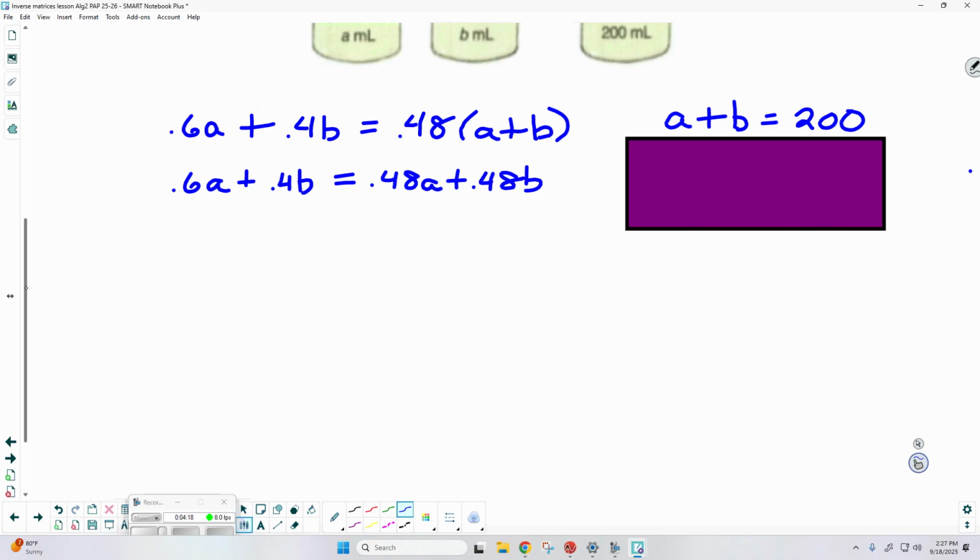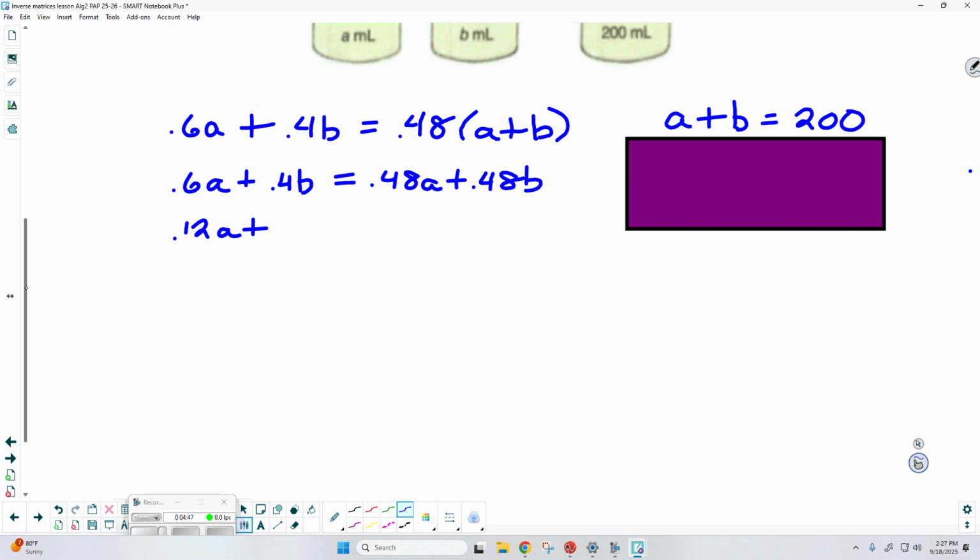So what's 0.6 minus 0.48? Well, it's not going to be negative because 0.6 is bigger than 0.48. Imagine if it was 60 minus 48. 0.12, there we go. So 0.12A plus, now I'm going to take 0.4B minus 0.48B.